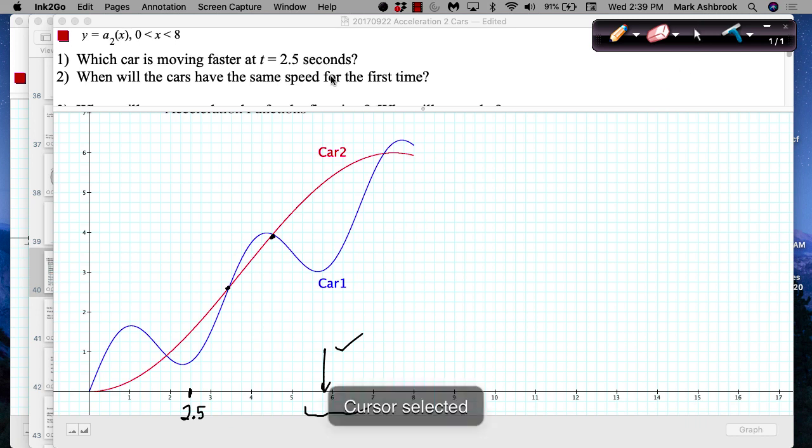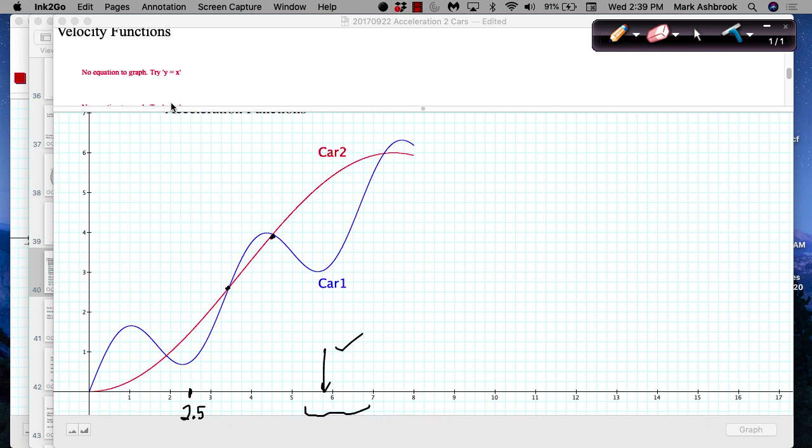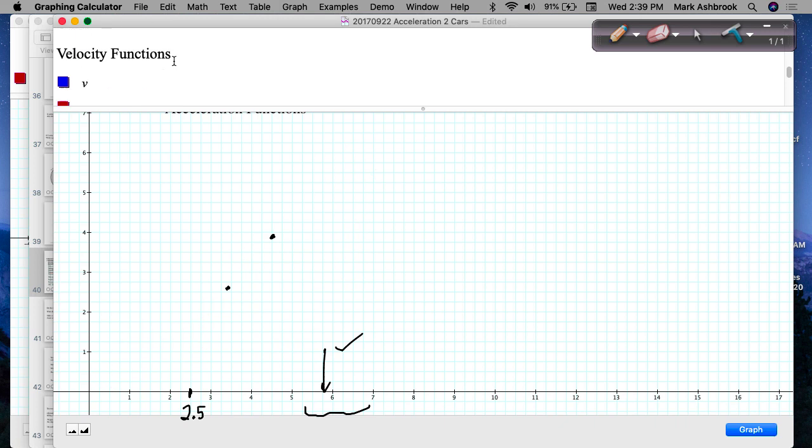So let's do that. I'm going to call the speed of car 1 v sub 1, of t. How do I write this function?